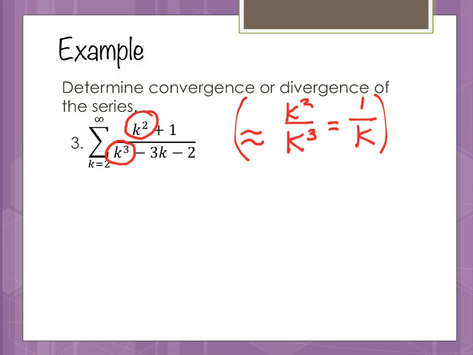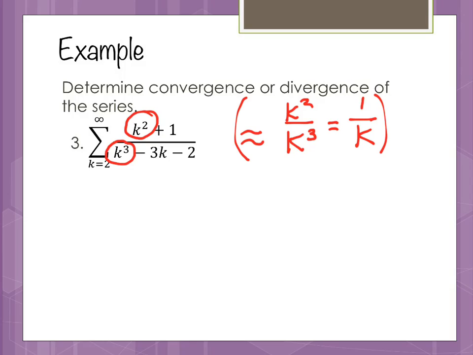Agreed? So my expectation is that the series with k squared plus 1 over k cubed minus 3k minus 2 will also diverge, because if one diverges, the other one should as well. I just have to make sure that the 1 over k is actually smaller than what I have. That's the condition upon which this whole theorem was built: if the smaller one diverges, so does the bigger one.